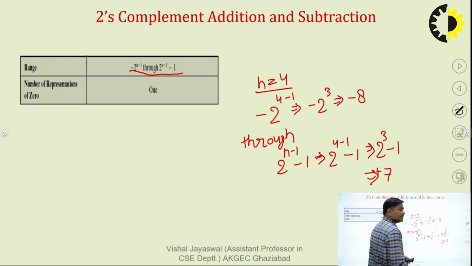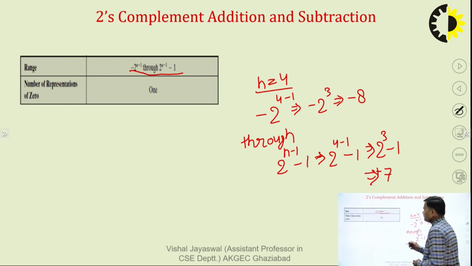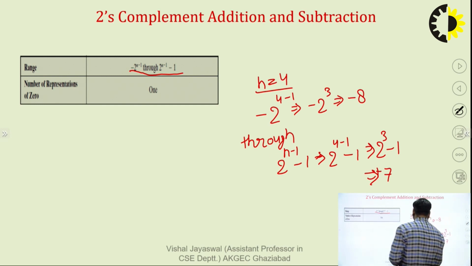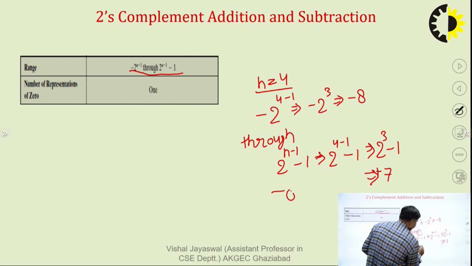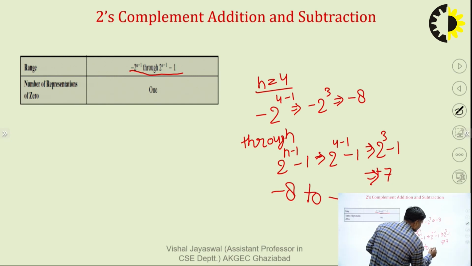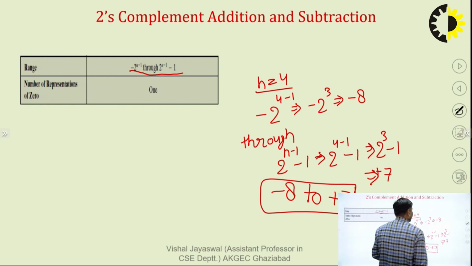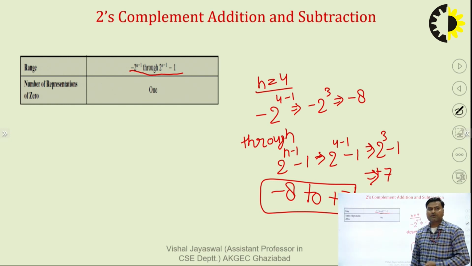Means if we take the 4-bit number, that is n equal to 4, then the range is minus 8 to plus 7. This is the range for a 4-bit number in 2's complement form.